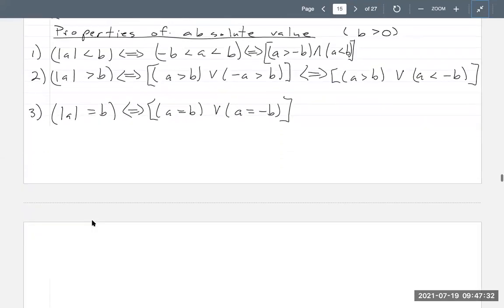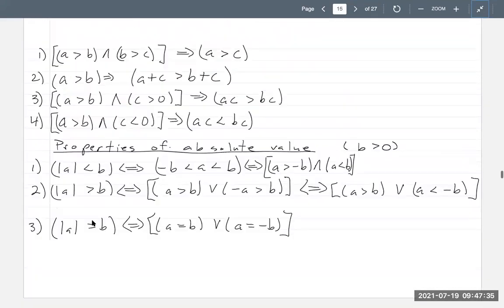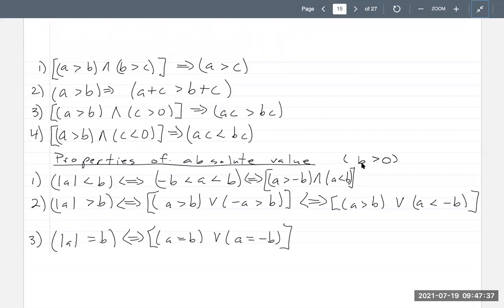I didn't write the degenerate parts, so I'm assuming B is greater than 0 just so that I don't need to write all the degenerate absolute value inequalities, which you go over in elementary and intermediate algebra. So let me just do the ones that we really need in calculus.